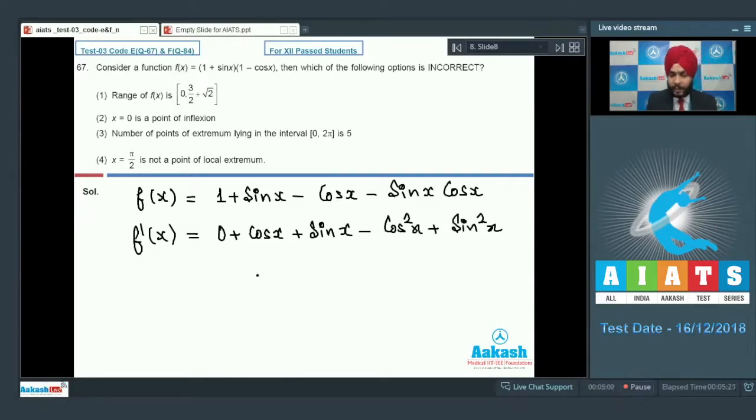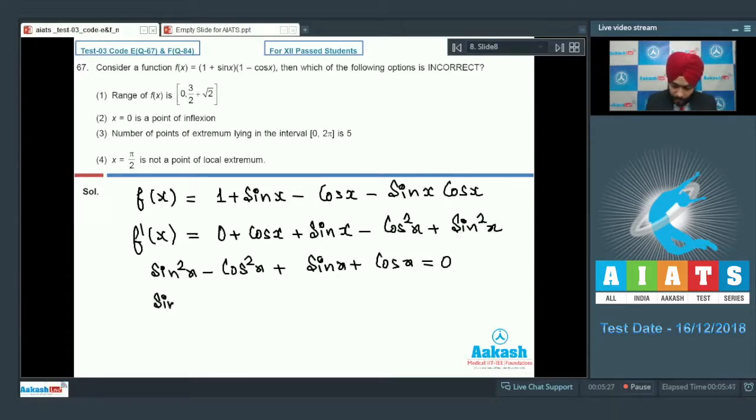So if you put f'(x) equal to 0, I will get sin square x minus cos square x plus sin x plus cos x equals 0. Students, we can easily see that the first term is a square minus b square and the second term is a plus b of the same format.